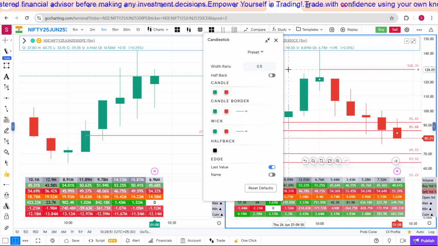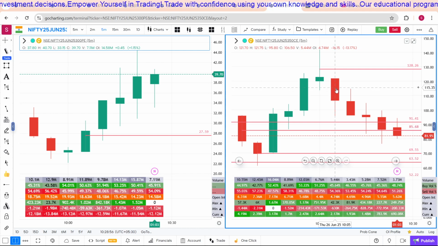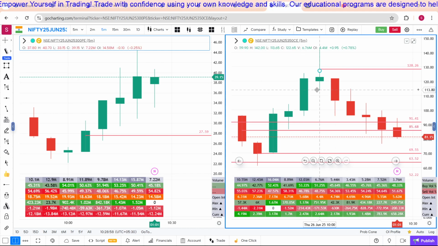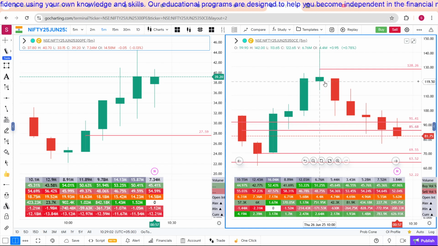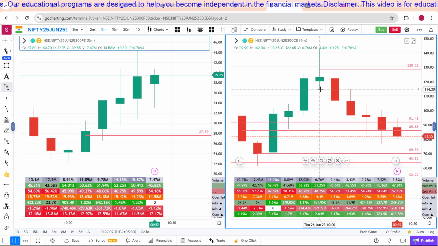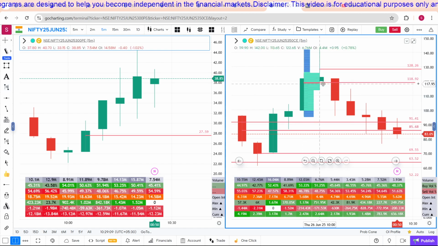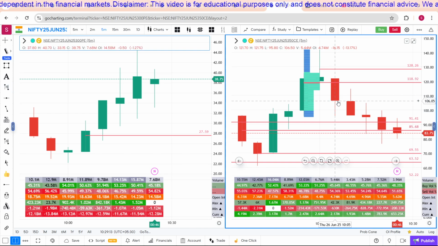And this is a red candle, the first red candle 5 minutes after this rally. So we need to draw the resistance of these three candles. And this support below this candle close.